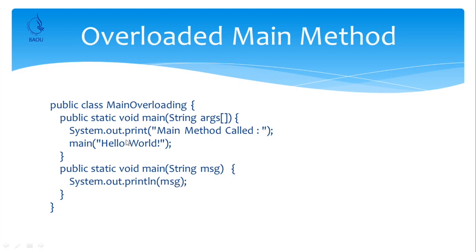We have called this main method inside the standard main definition to display main method code, and then we call this overloaded method with hello world. So, it displays main method code and then hello world. So, this is how you can overload the main method if you require.